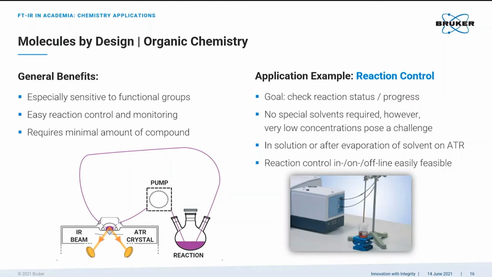There are dedicated fibers for different spectral ranges, NIR or MIR, and fiber probes for transmission, ATR, and reflection measurements. Overall, the switch from reaction control to reaction monitoring is fluid, and FTIR is applicable in every case, online or offline.